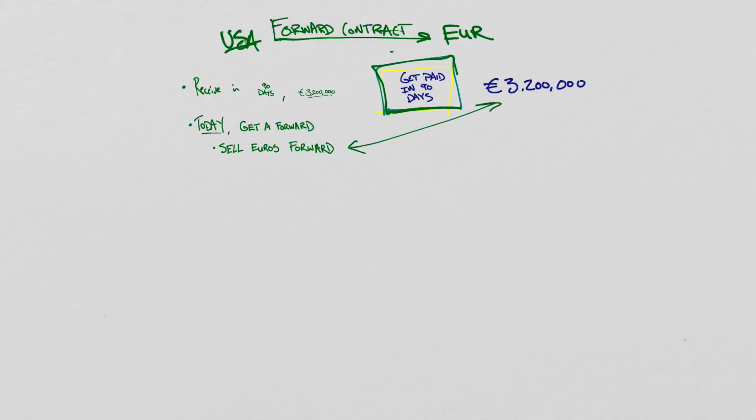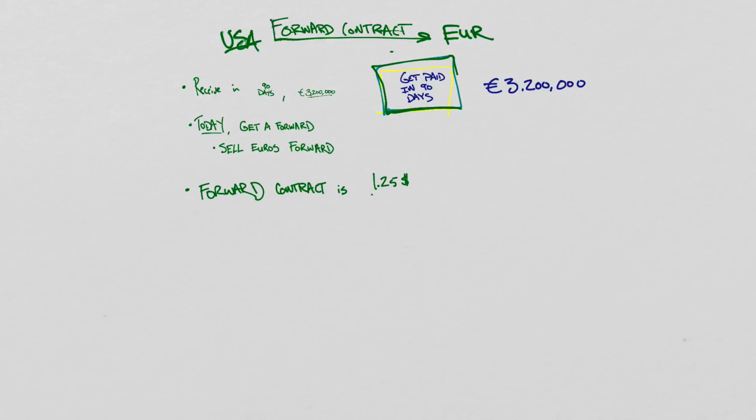So let's say that the forward contract that allows us to sell euros forward at a fixed price is pricing euros in exchange for dollars at a rate of $1.25 for every euro exchanged.